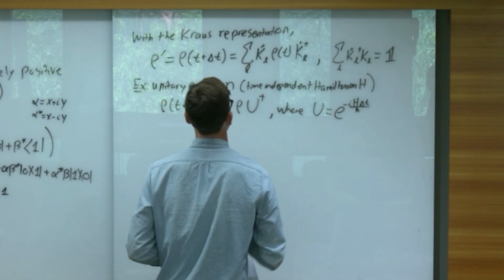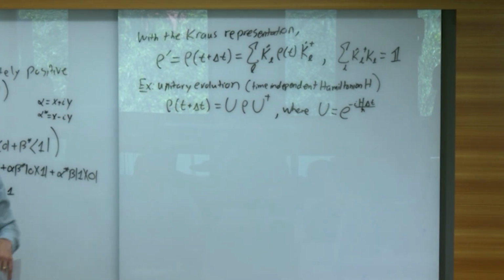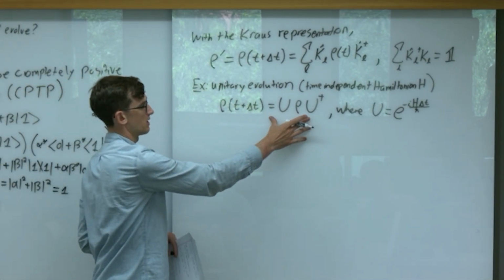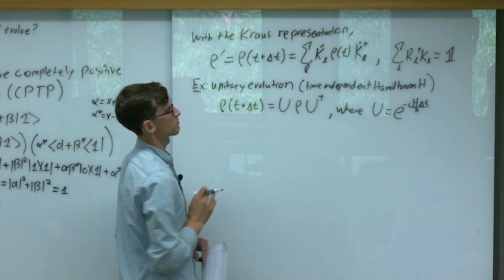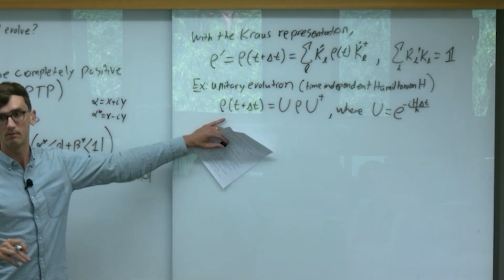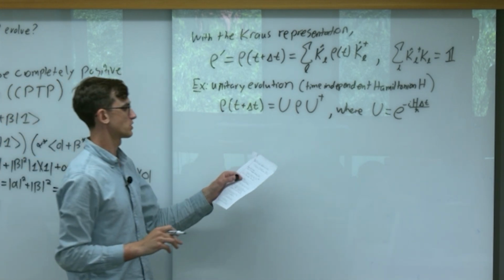And that's basically it. In the case of normal unitary evolution, this is the full expression for how my density matrix evolves as a function of time.